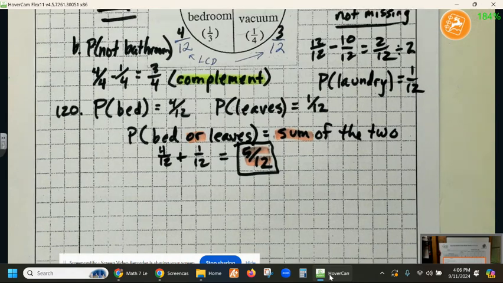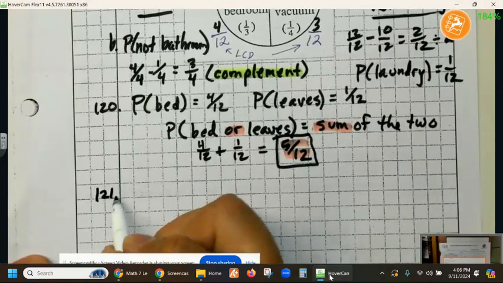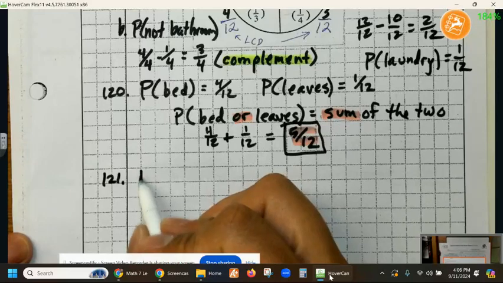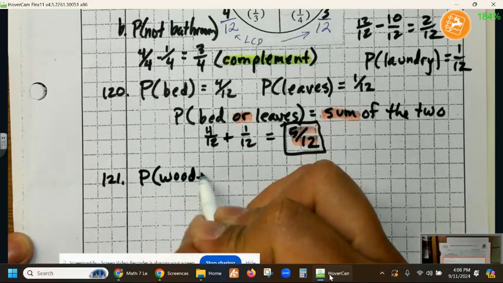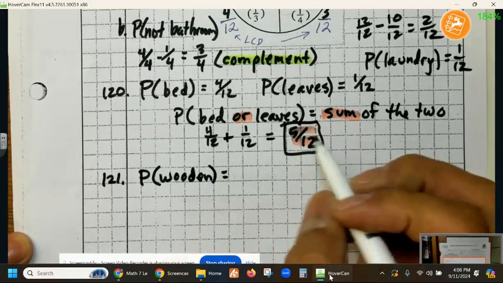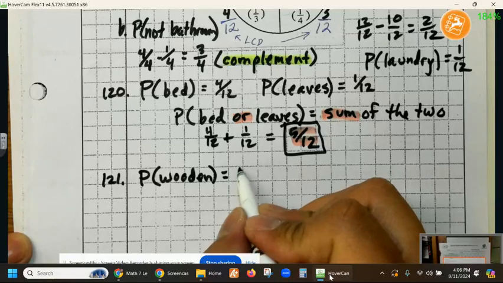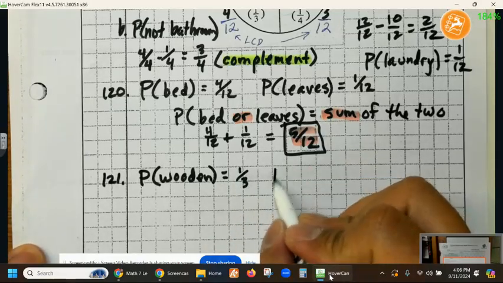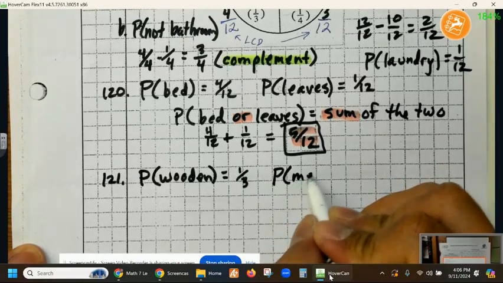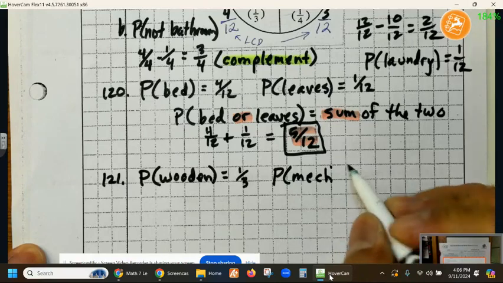So before we make sense out of this, let's try to understand it. So this is number 121. Okay, so we know that the probability of a wooden pencil is 1 out of every 3 students get one, so that's a probability of 1/3. And 2 out of every 5 students gets a mechanical pencil when they reach in.